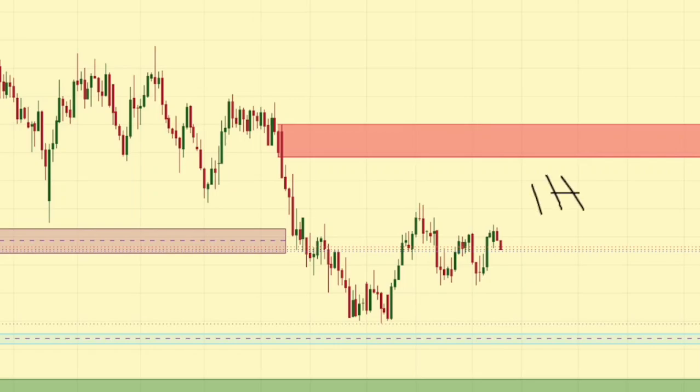I am looking for signs that institutions are stepping back into the market. That could be a break of market structure, a trend line break, the removal of an opposing zone, or the formation of a fresh supply or demand zone. Without confirmation, there is no trade.